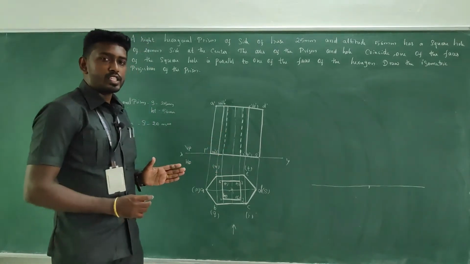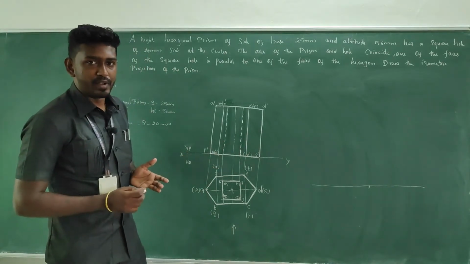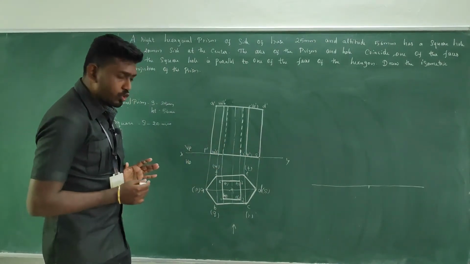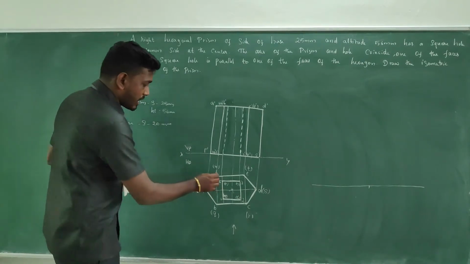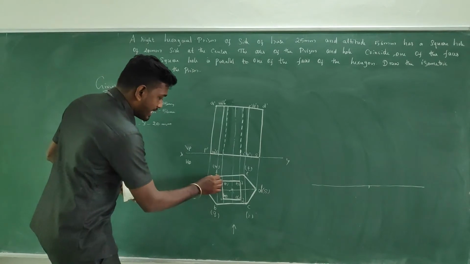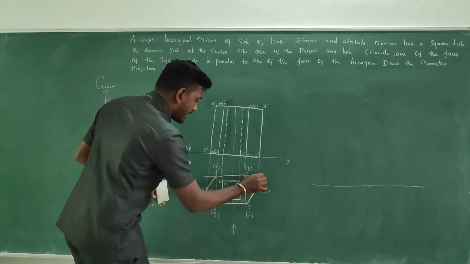So we need to draw the box first, and then we need to go for the prism or any other kind of object. So in order to draw the box, we are going to take the boundary in the top view. So for that, at the extreme, go for a horizontal line.